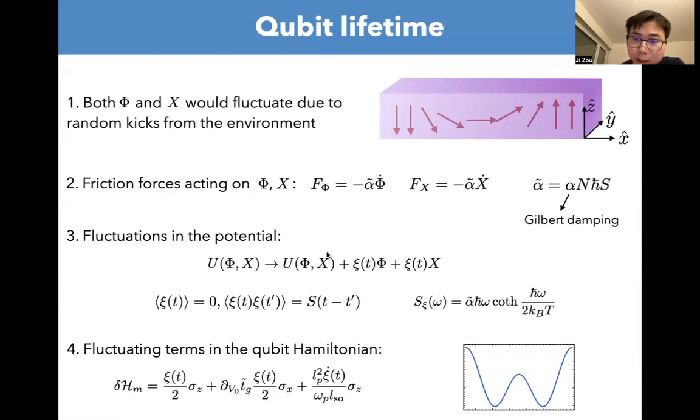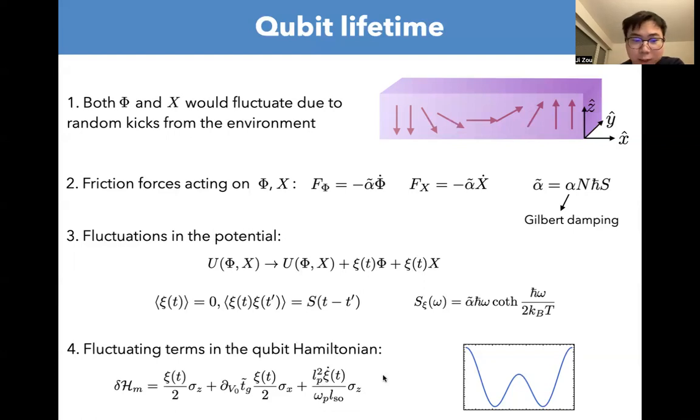And of course this would also give us a fluctuation in the detuning, and because the tunneling barrier is also fluctuating, we would get a fluctuation proportional to sigma x.